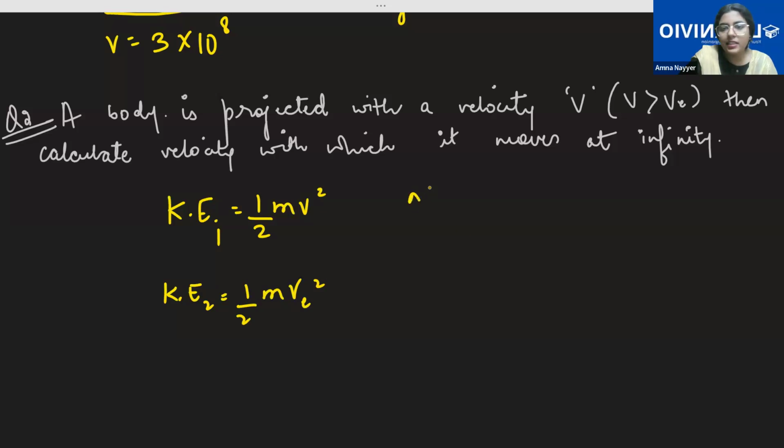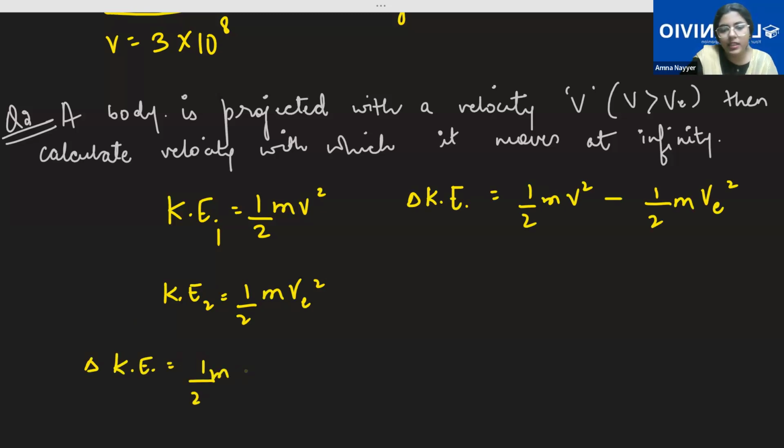So if I take the change in the kinetic energy, this will be half mv square minus half mv_e square. Let's say the change in kinetic energy is equal to some half mv dash square.